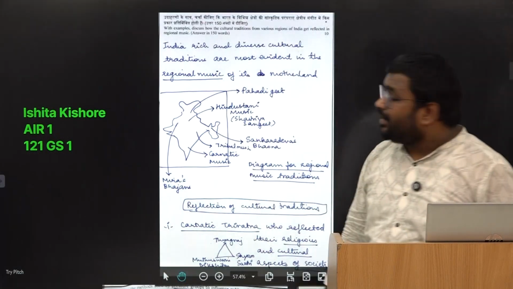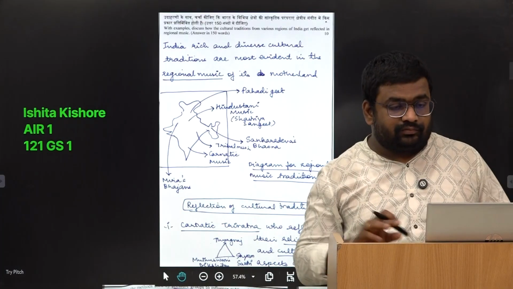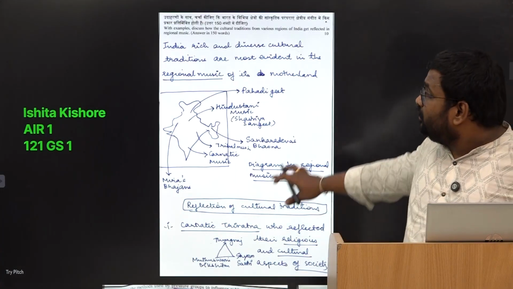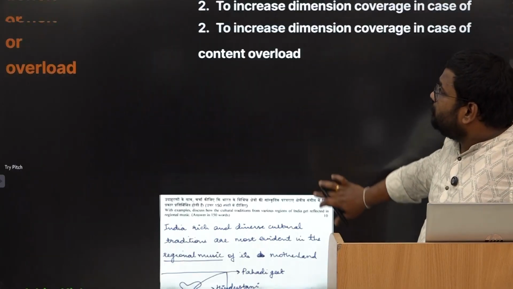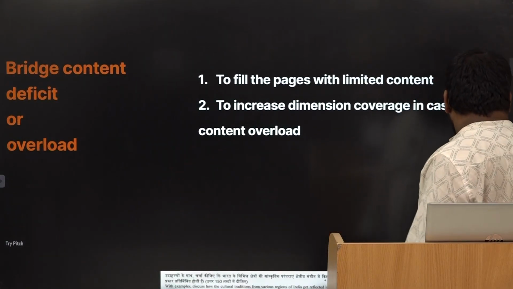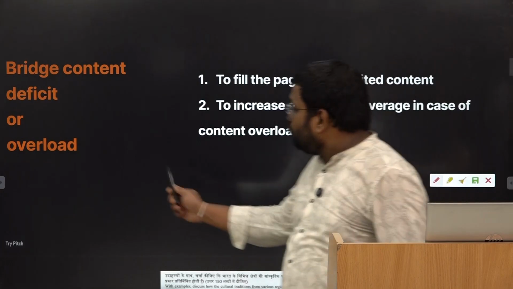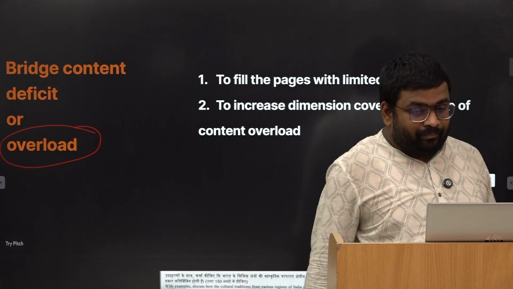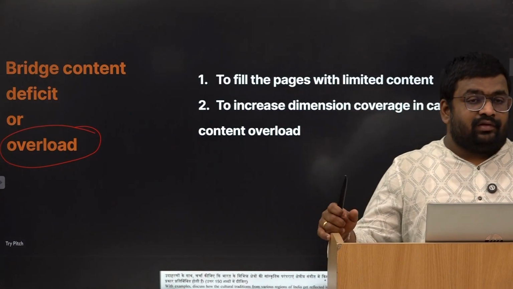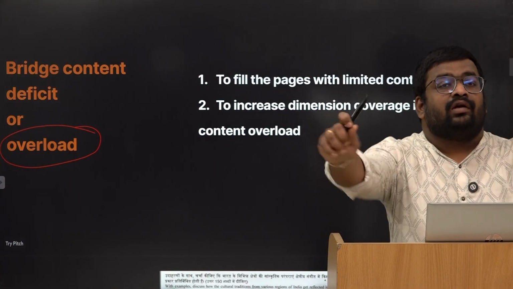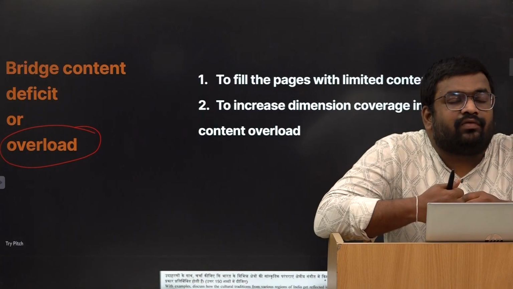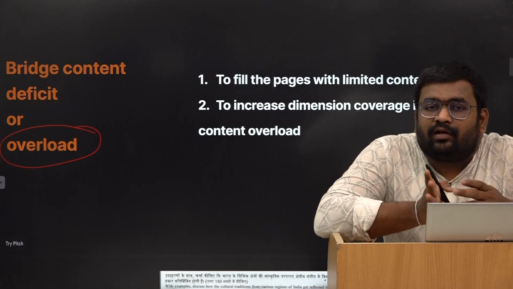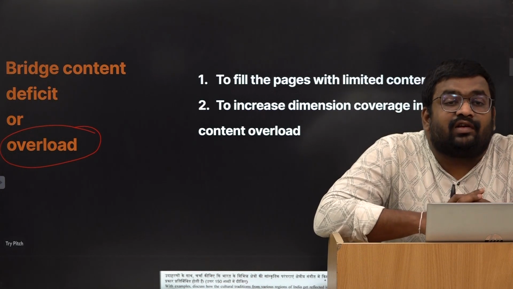Now, the second aspect where you require the presentation is to manage the content overload. This issue you generally face in GS3, because if you analyze the papers of the last 7 years, from 2018 onwards, there has been a constant decline in the marks of GS3.